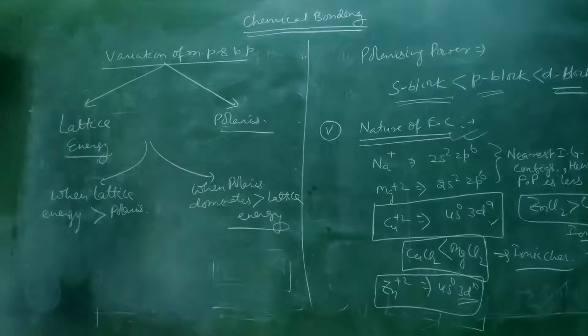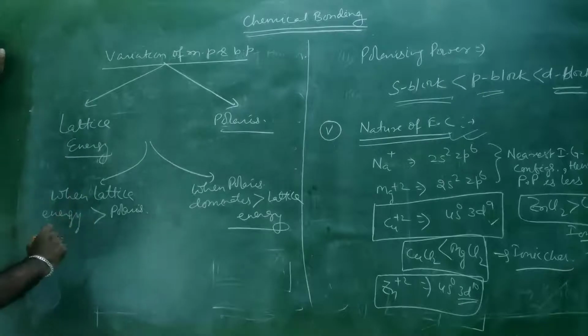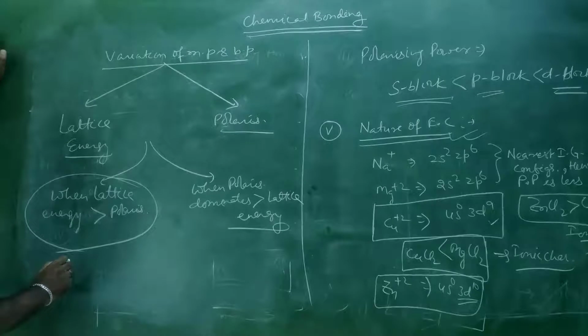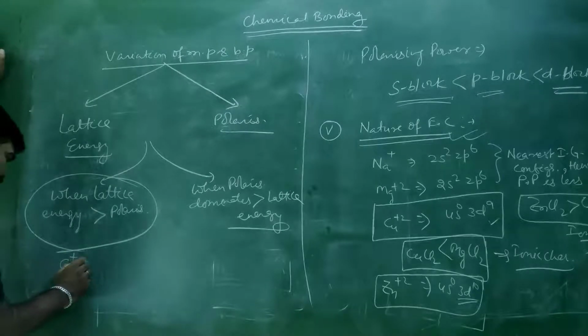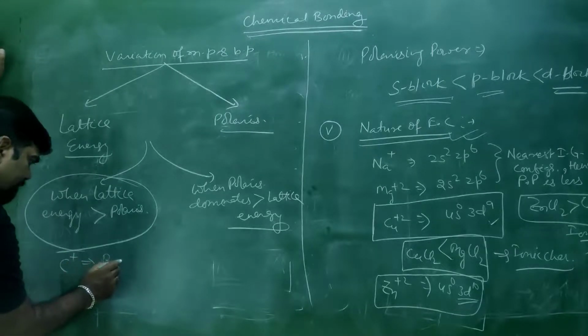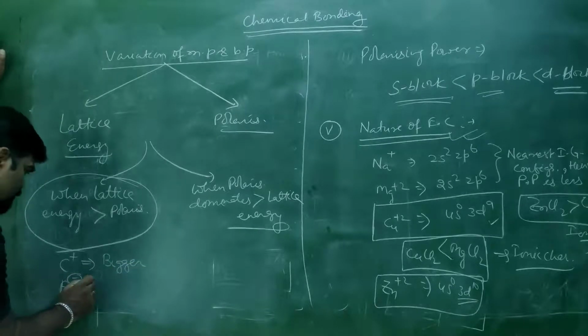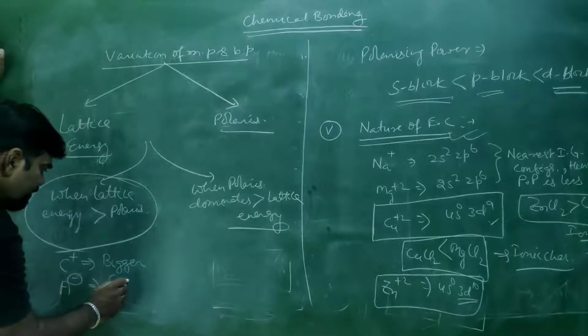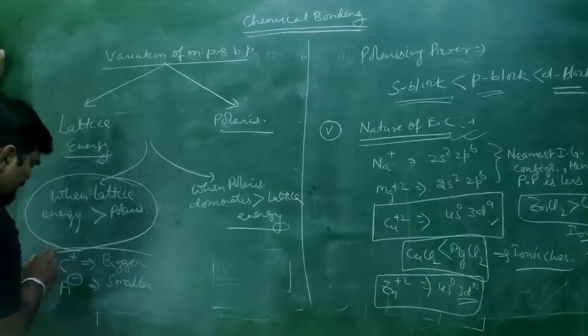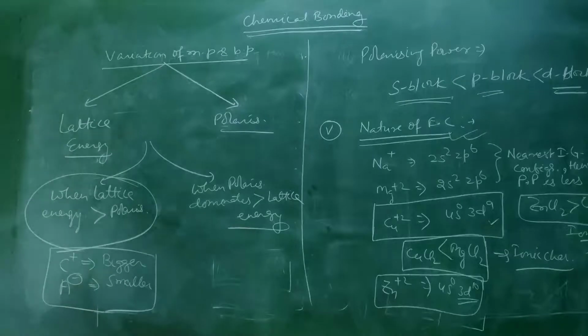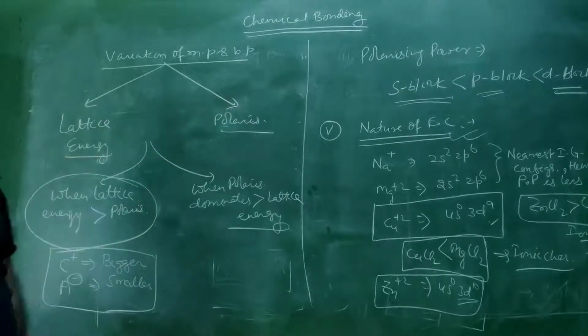When lattice energy dominates, what can we say? Lattice energy will dominate if the cation is bigger and the anion is smaller, when polarization is negligible.